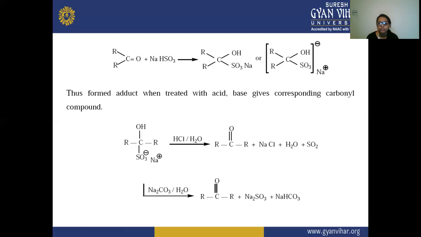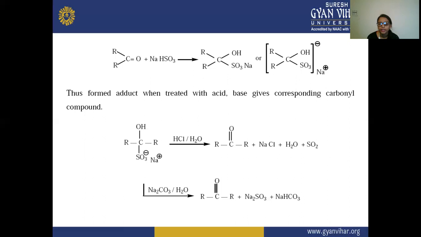The formed adduct, when treated with acid or base, gives the corresponding carbonyl compound. When this adduct reacts with an acid, that is HCl or a mineral acid, in the presence of water, there is a formation of the ketone, NaCl, H2O and SO2.